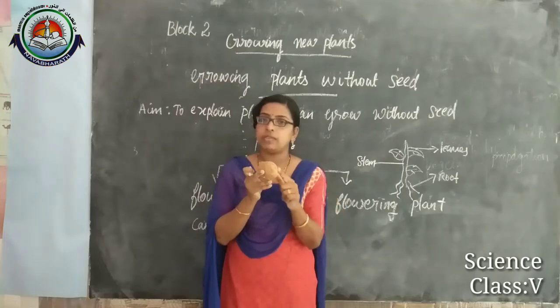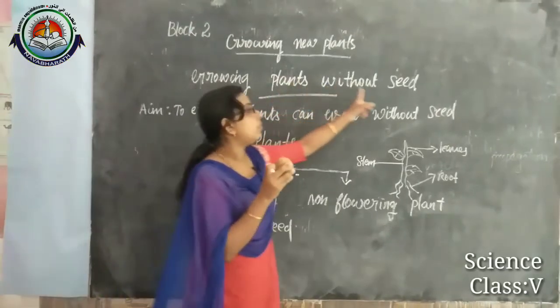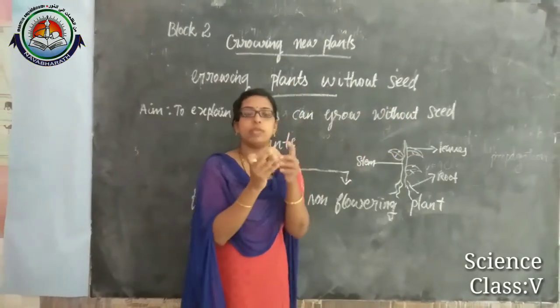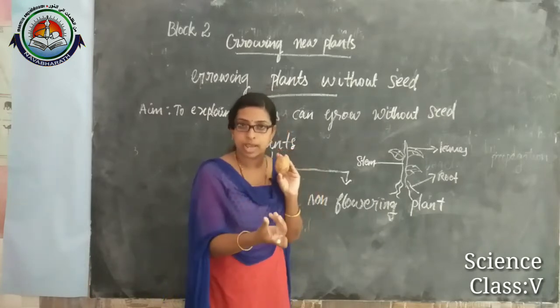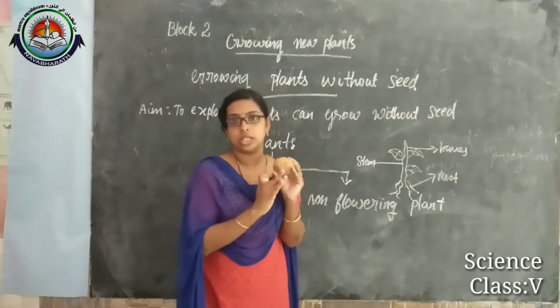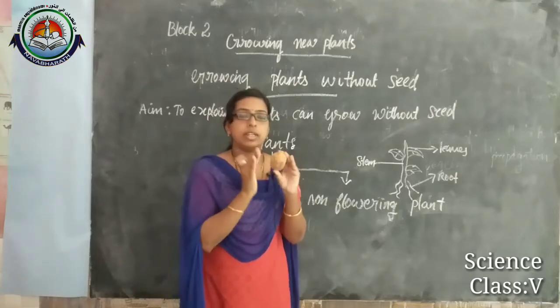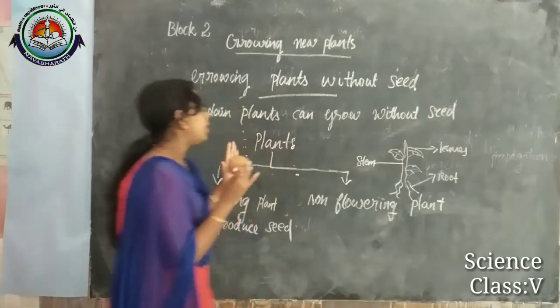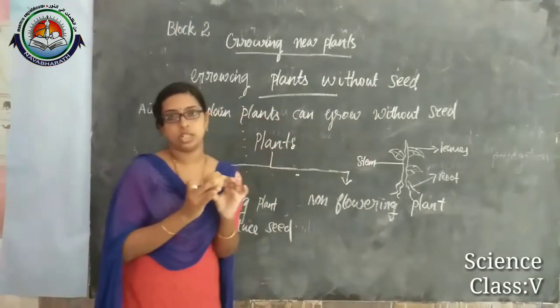So this way we can discuss growing plants without seed. From these eyes or buds there will be a growth of a plant without seed. So we can say that this is one of the examples of growing plants without seed.